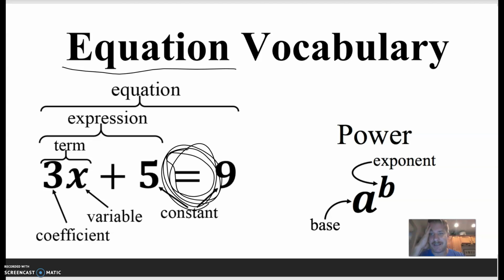Anytime you have an equal sign, it's basically an equation.